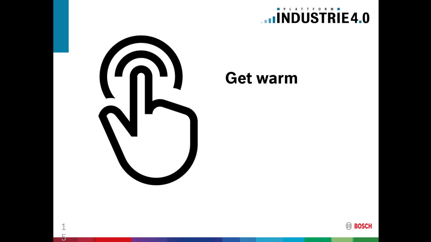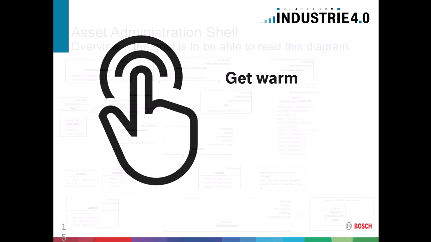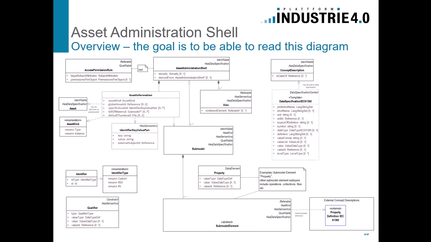So these were just some UML basics to understand and to know how to read the specification. And now let's get a little bit warmer. This is now the complete overview of the asset administration shell metamodel with the most important classes. What you see at one glance is that the asset administration shell consists of submodels, and the submodel consists of submodel elements.